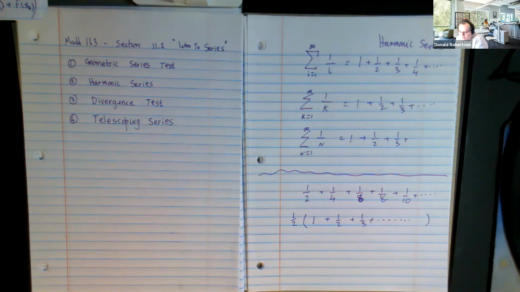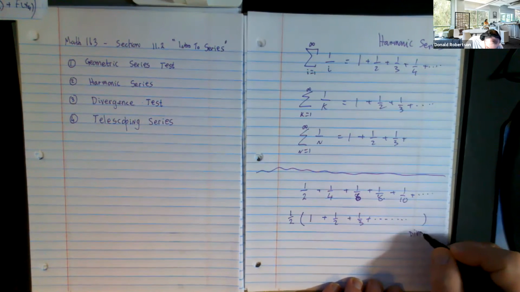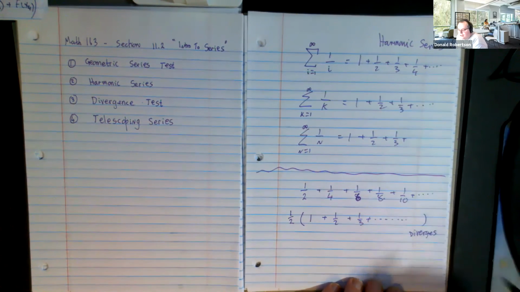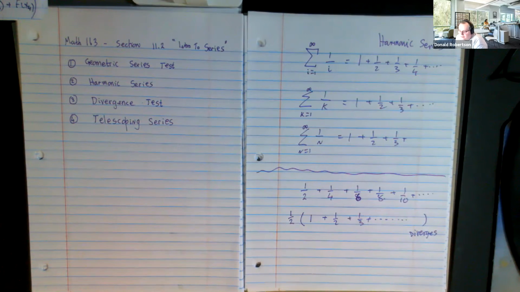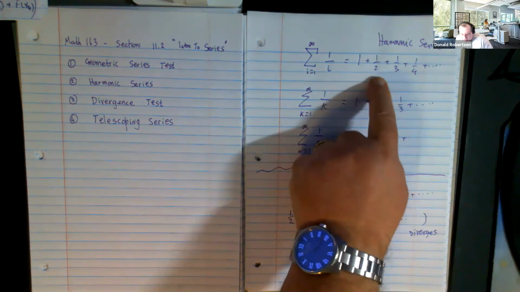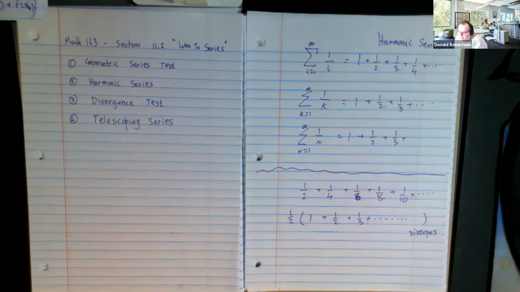And isn't half of infinity still infinite? So it diverges. So anything that's related to a harmonic series, in the family of these guys, like this one here, will diverge.